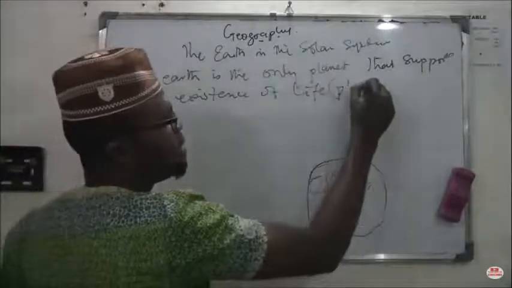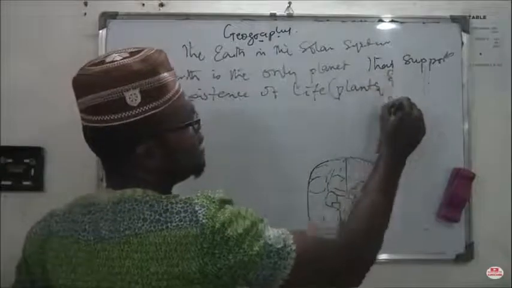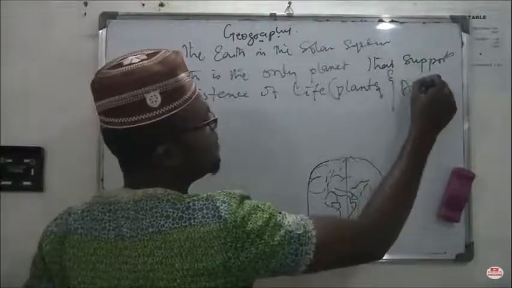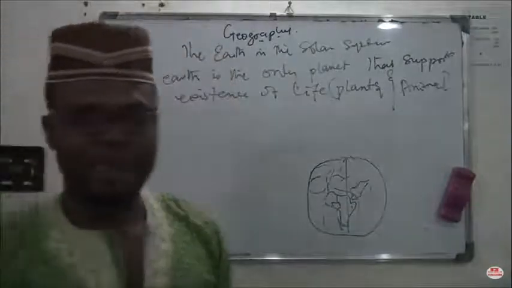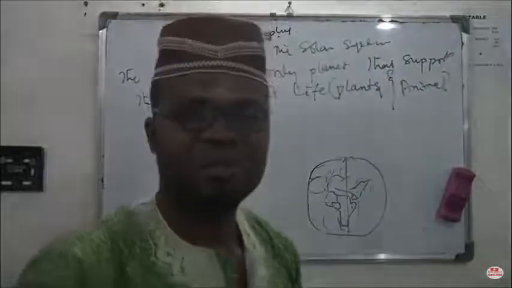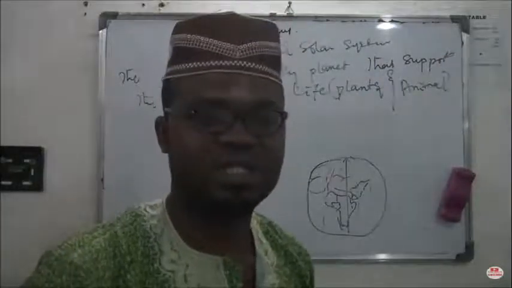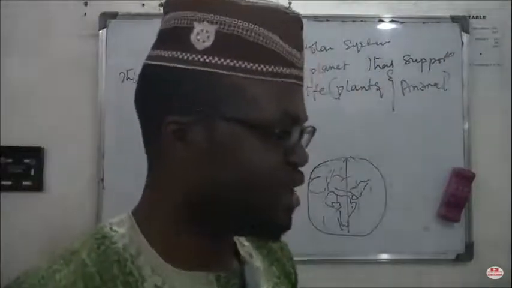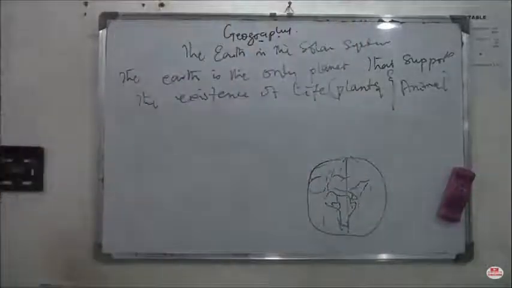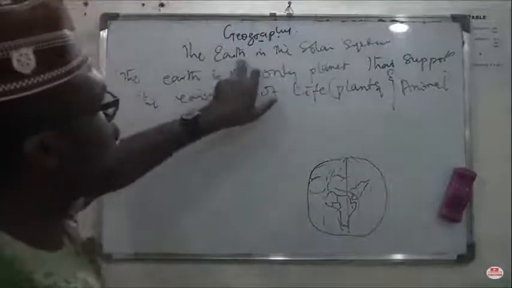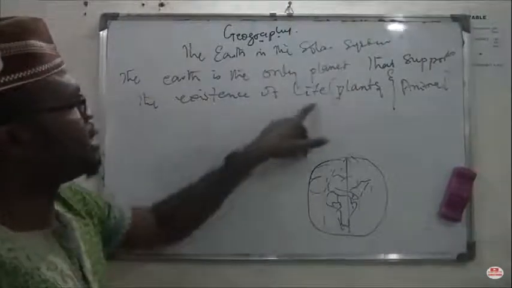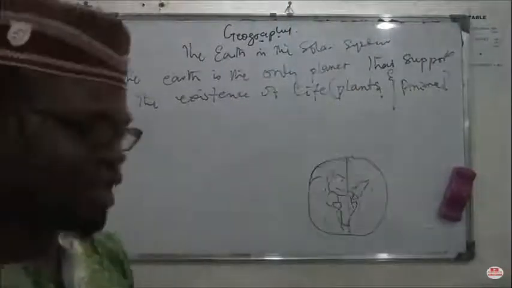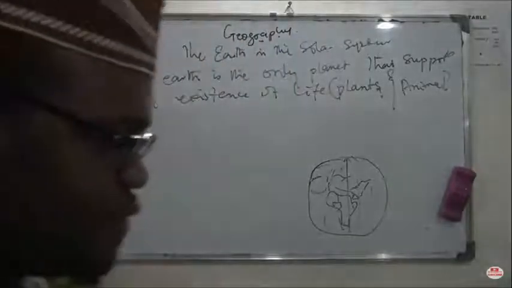And when we talk about the existence of life, we are talking about the existence of plants and animals. So for now, it has not been proved that there is life on Mars or Neptune or Saturn or Pluto. It is believed now that the Earth is the only planet in the solar system that supports the existence of plants and animals. That's where you can see plants and animals.